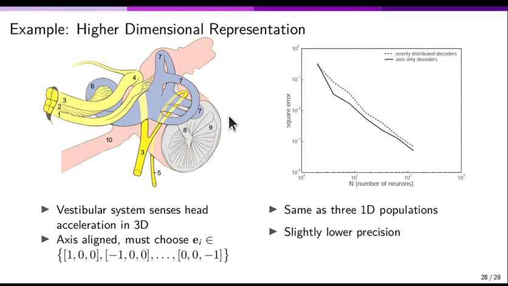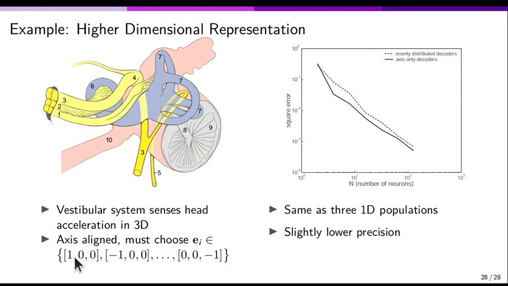It turns out, if you go and look at the biology, no, each neuron has some particular axis that it's sensitive to and not sensitive to the other ones. That's partly because the actual physics of the system that's detecting these rotations is split into 3 different loops, and the neurons that are sensitive to one of these loops are looking for accelerations along this axis, and then this axis, and then this axis.